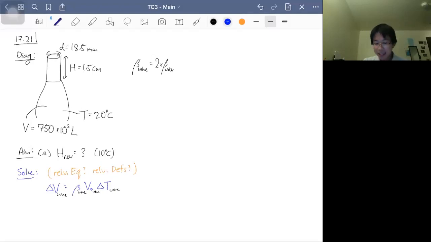Now you want to expand. Now that you found the equation that is relevant, the next step is to expand the variables. Okay, so delta V of wine means final wine minus initial wine. Beta wine, I don't have to expand. V naught just means initial. And delta T is T final of the wine minus T initial of the wine.